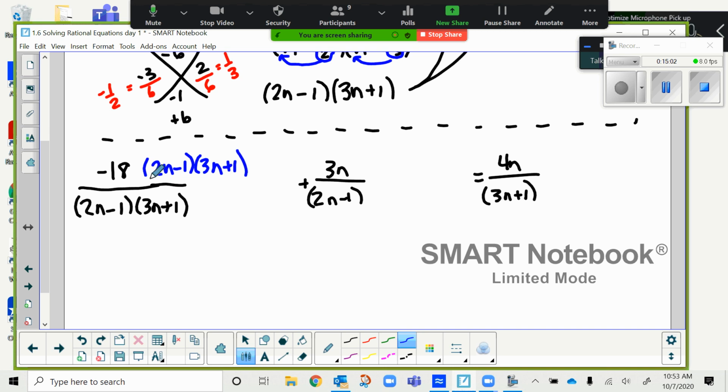So the 2n minus 1s cancel, and the 3n plus 1s cancel. But it's an equation. So everything I multiply that term by, I have to multiply everything else by to keep it all in balance. So 2n minus 1 times 3n plus 1, and 2n minus 1 times 3n plus 1.